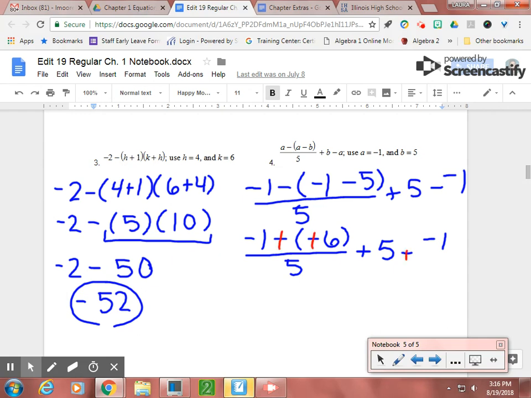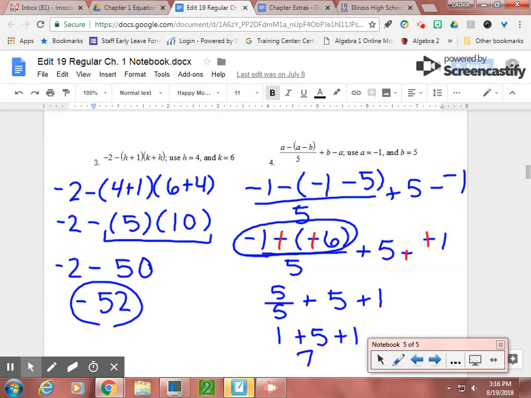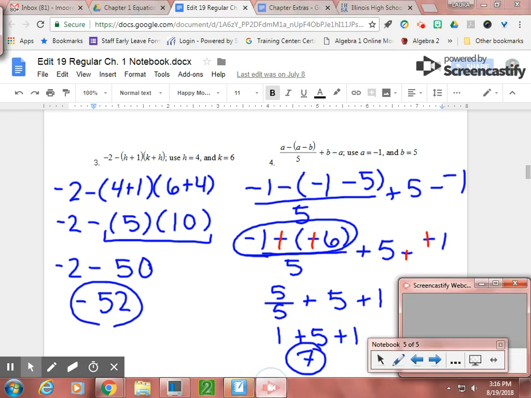And while we're doing that, this is going to become plus plus. So my numerator here is going to give me 5 divided by 5 plus 5 plus 1. Well, 5 divided by 5 is 1. 1 plus 5 plus 1 gives you 7. Okay, and those are your order of operations and evaluating expressions.